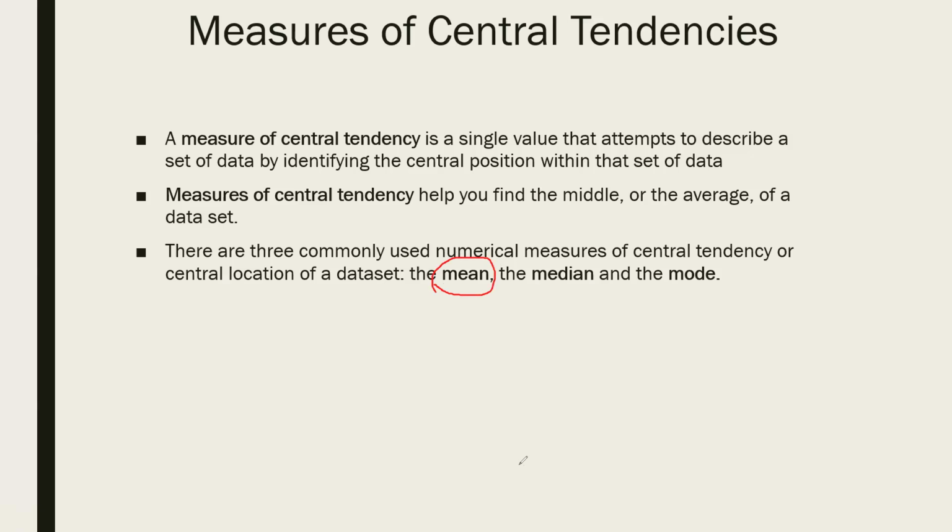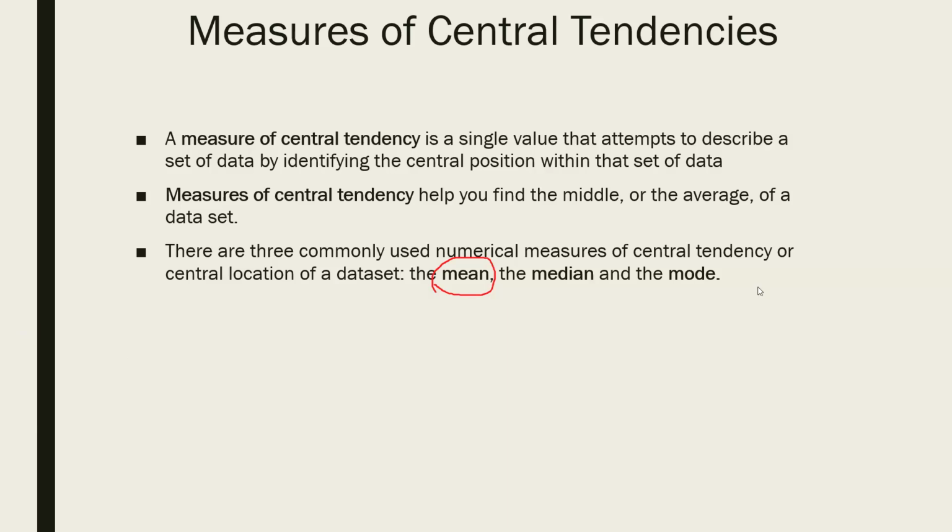There are three commonly used numerical measures of central location: the mean, the median, and the mode.